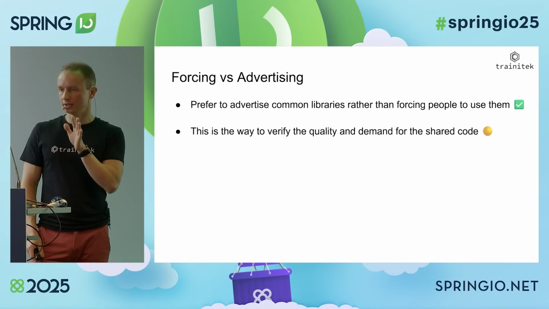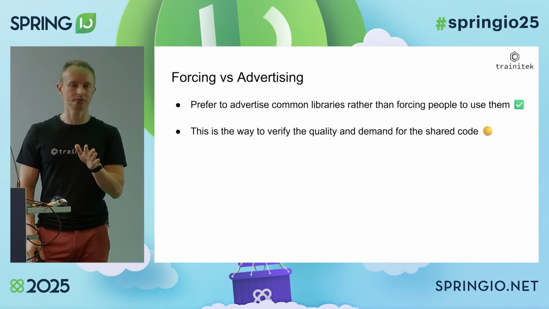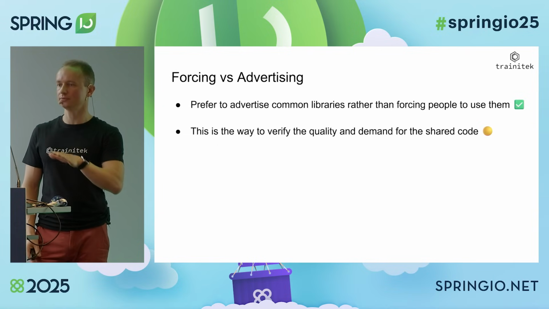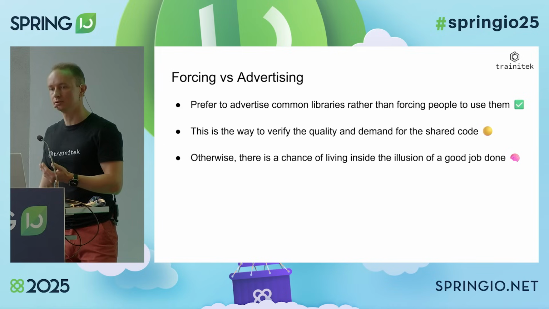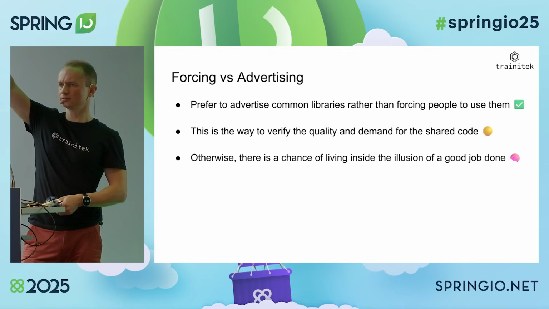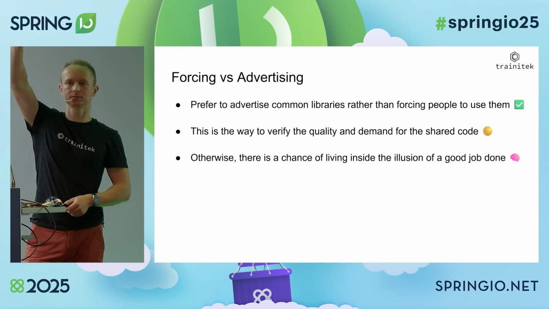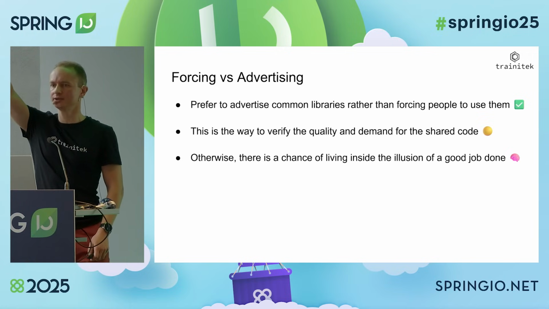If you advertise it, you can verify the quality and demand for shared code. If you force it, you can't verify it because people are forced, and you may live in the illusion of a good job done. Anybody working in corporate environments? Do you? Oh, okay. Do you have a sort of black market?